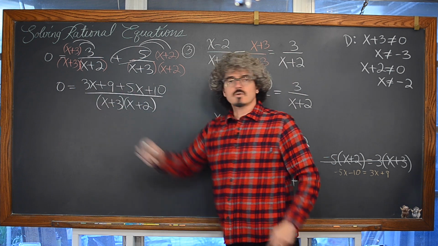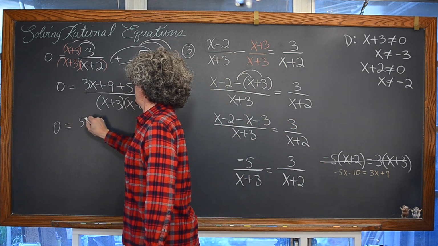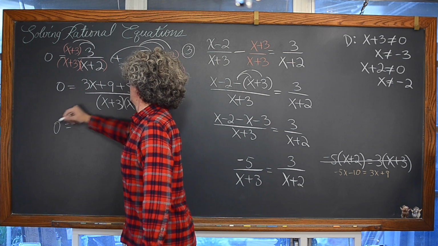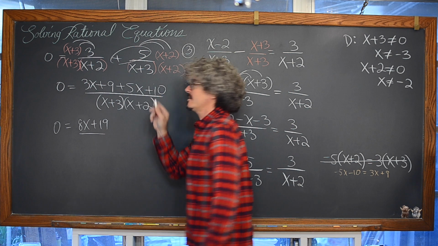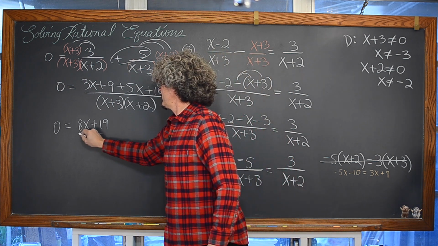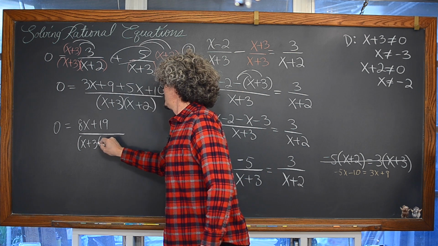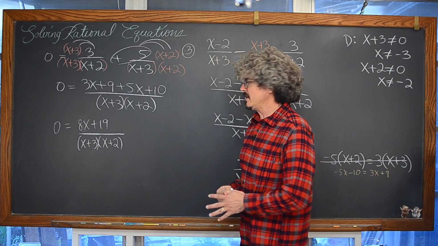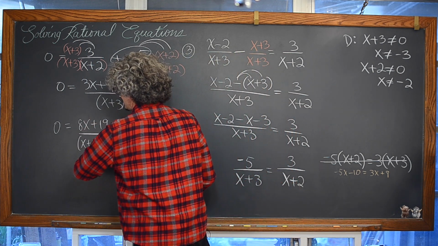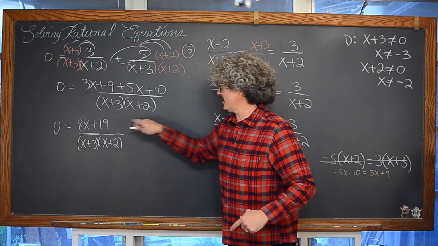We're going to add the like terms in our numerator and have 0 is equal to 5 plus 3, which is 8x plus 19, coming from the 9 plus 10, over that denominator left in factored form of x plus 3 times x plus 2. Now, with us only needing this equation to equal 0, the only way that's going to happen is if the numerator is equal to 0.